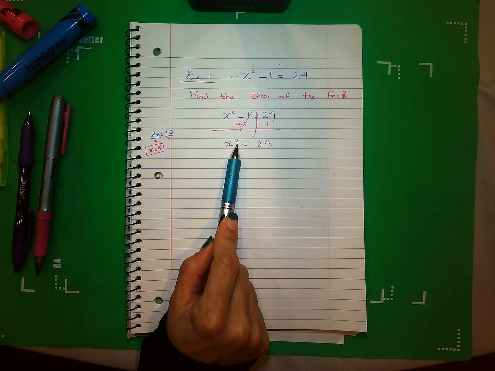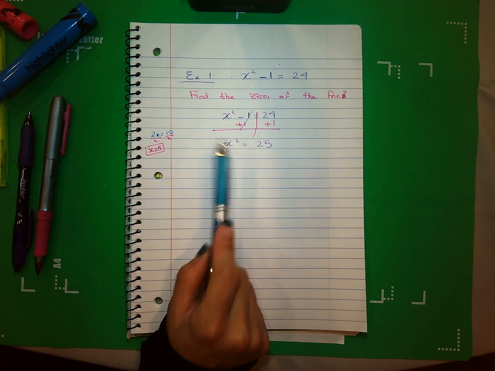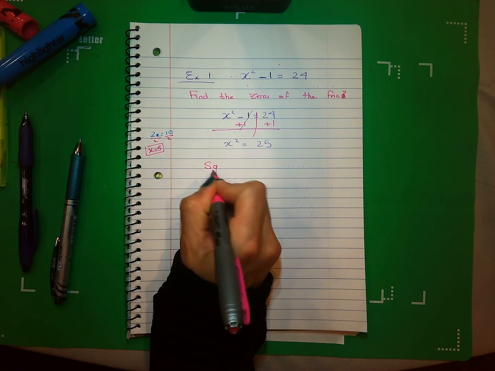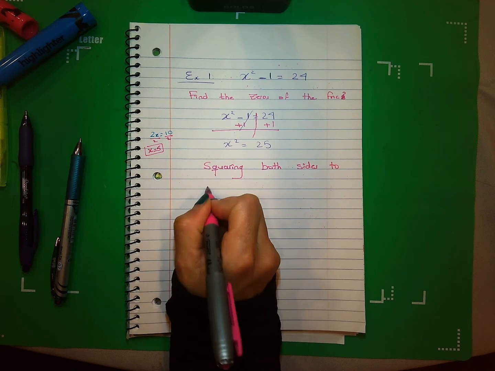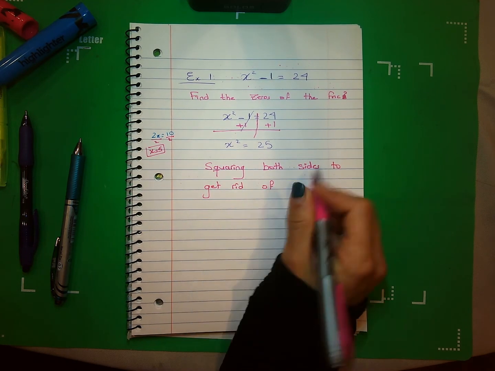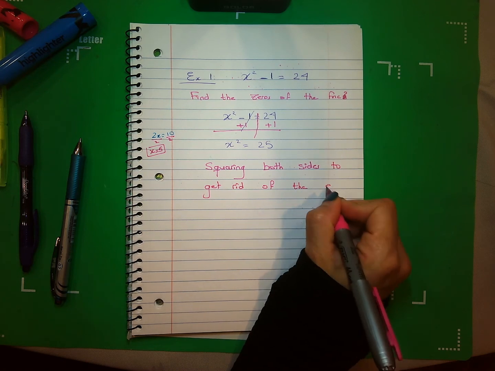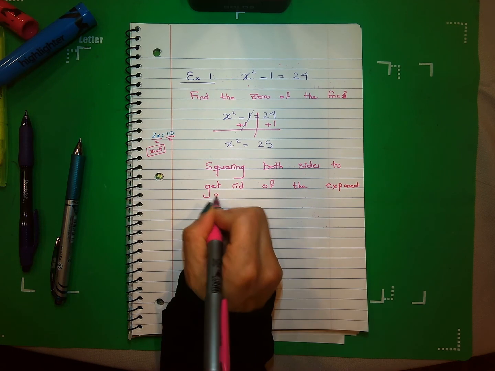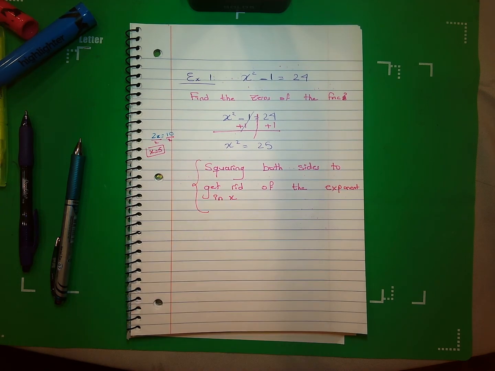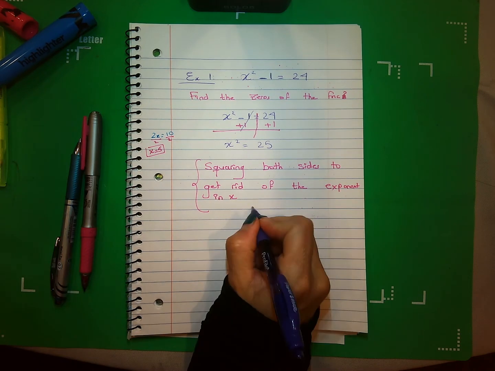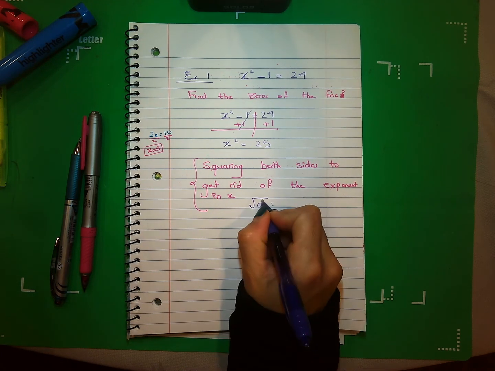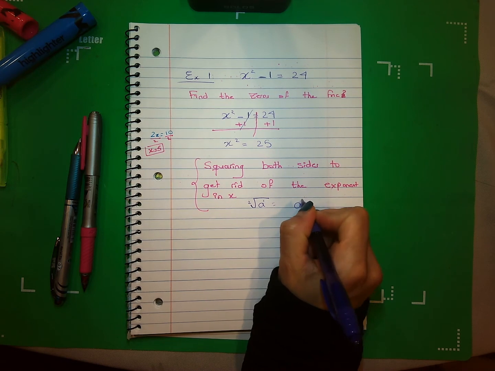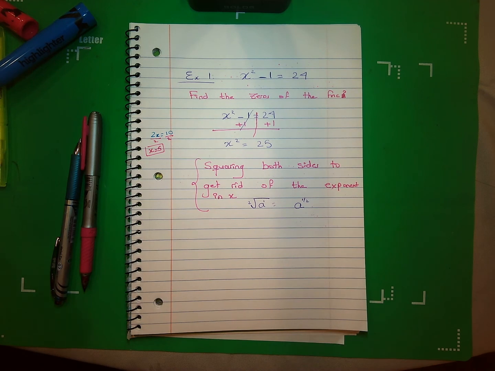The only way I can get rid of that exponent in x is by taking the square root of both sides, because remember, as we mentioned in the previous lesson, the square root of a is the same as a with 1 over 2 as my exponent.